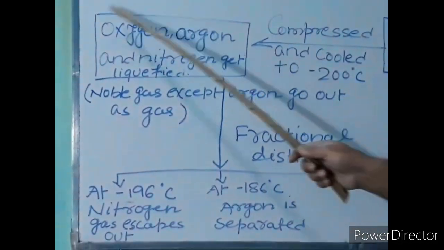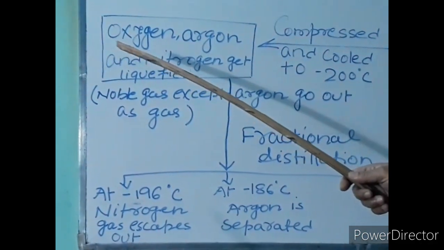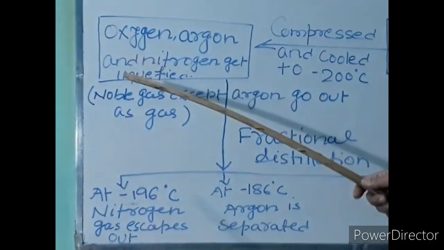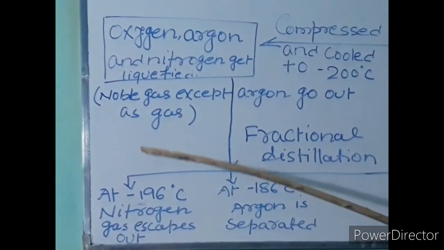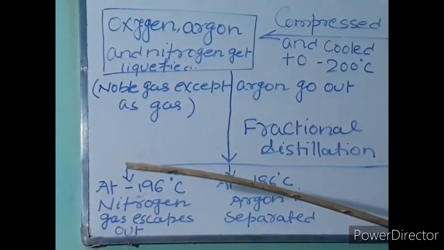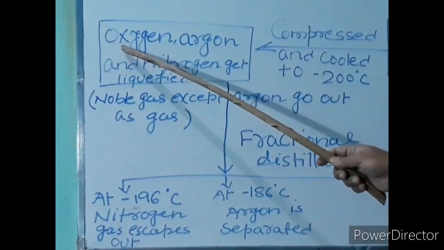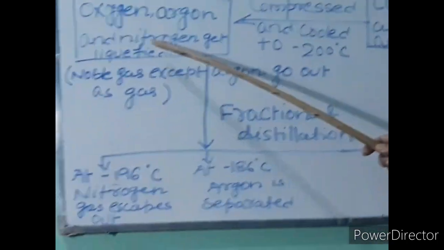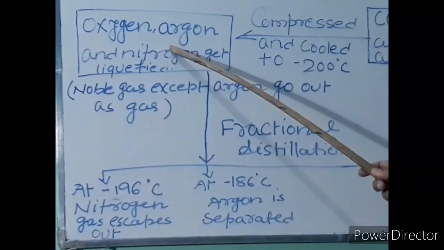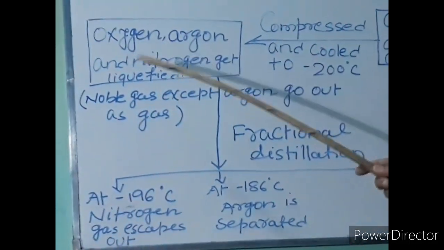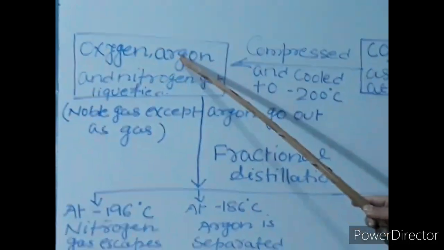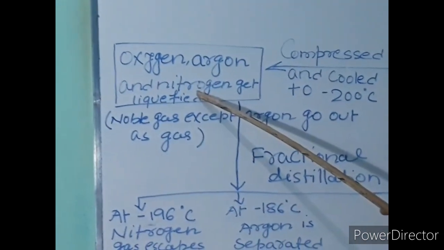Now we have a mixture containing liquid oxygen, argon and nitrogen. Now there is a need to separate these 3 liquids, oxygen, argon and nitrogen.